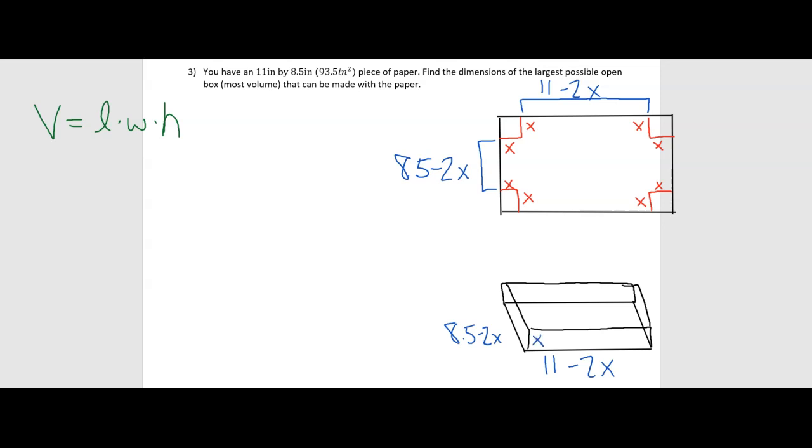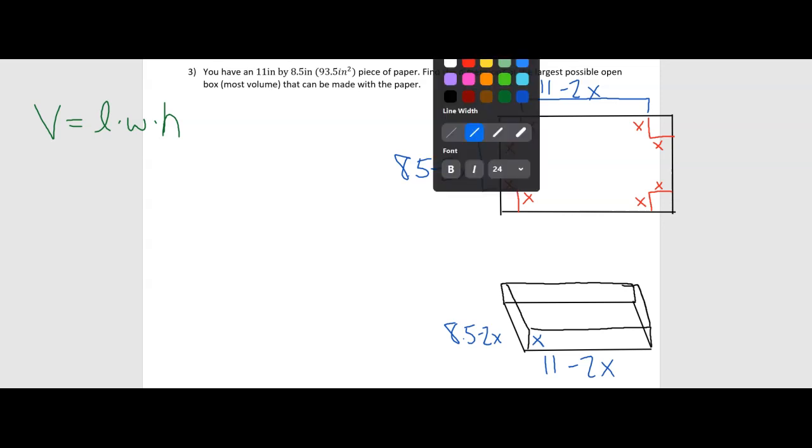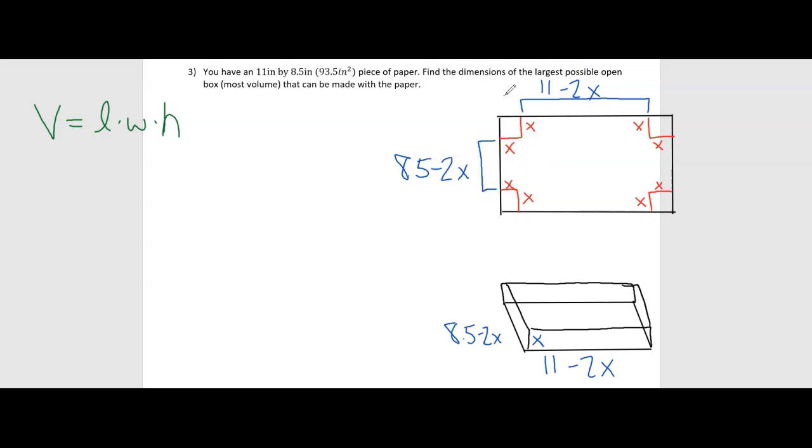So now I have my 3 dimensions written all in terms of x, and I can rewrite my volume equation just in terms of x. So my length, 11 minus 2x, my width, 8.5 minus 2x, and my height ends up just being x.